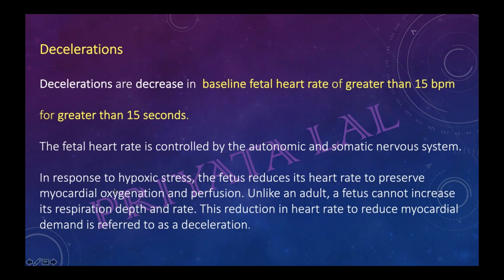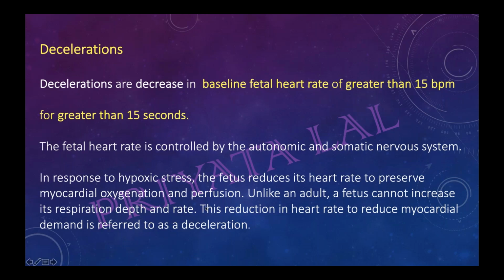Heart rate, we already know, is controlled by the autonomic and somatic nervous systems. If hypoxic stress is there, the baby is getting acidosis. In an adult, if that happens, we usually compensate by changing the depth and rate of respiration. But for the baby, that is not there.